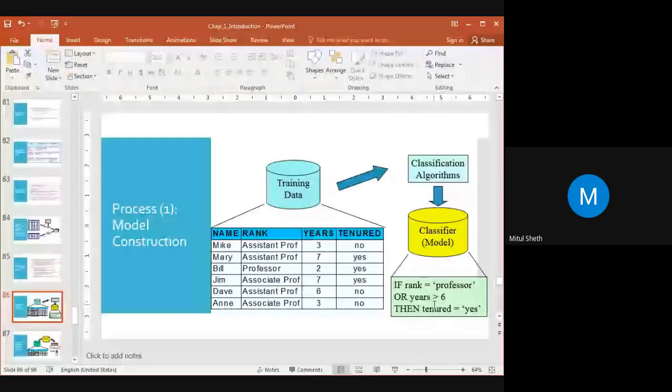Okay, I can call for the interview. So different rules will be generated at the end. Those rules are known as the patterns. Okay, so all our different rules have been generated.